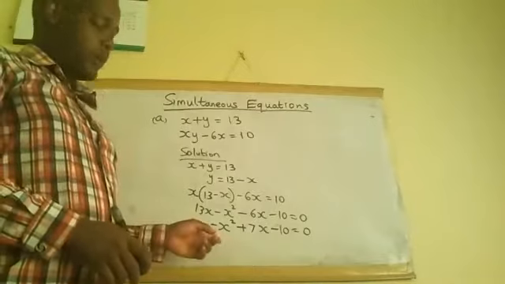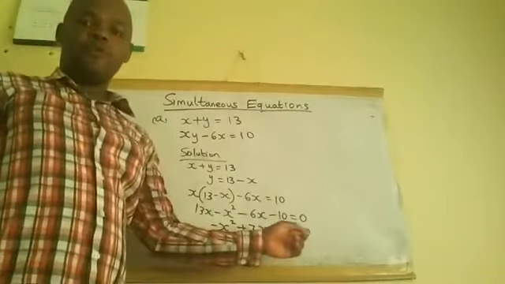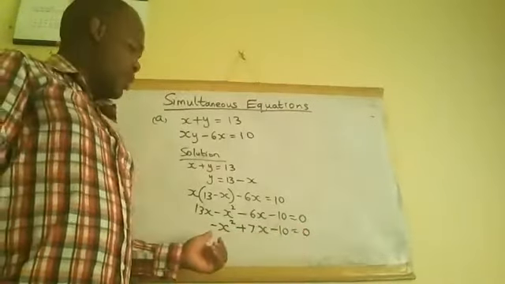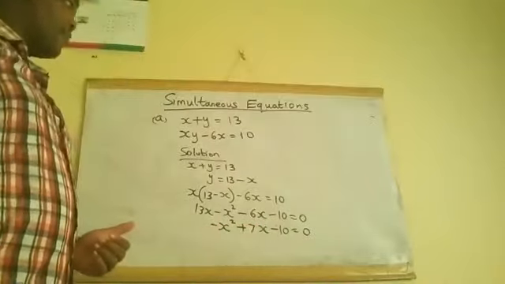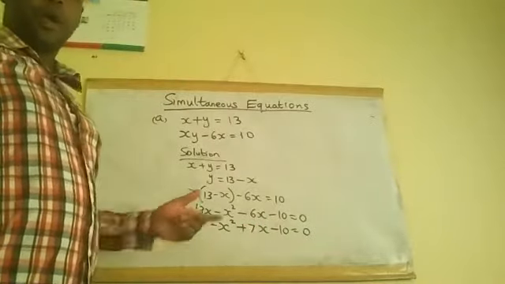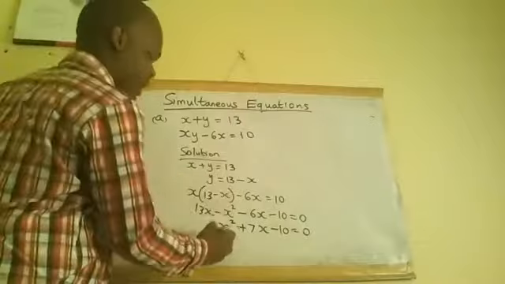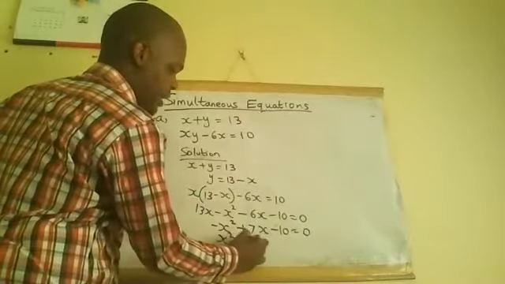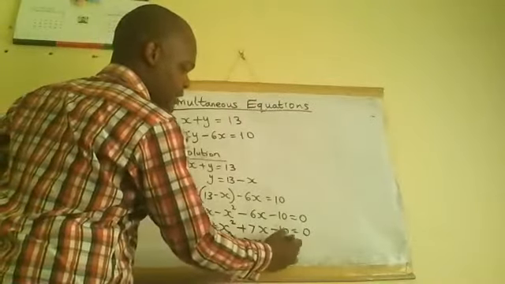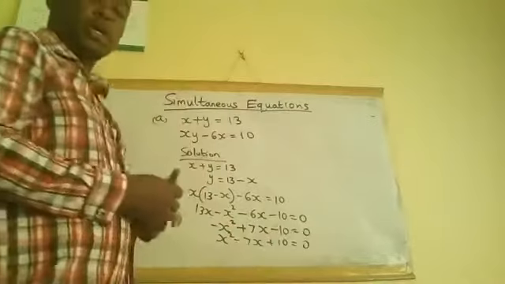So up to that point, you multiply through by -1. So I hope you are writing that. You'll get x squared minus 7x plus 10 is equal to 0.